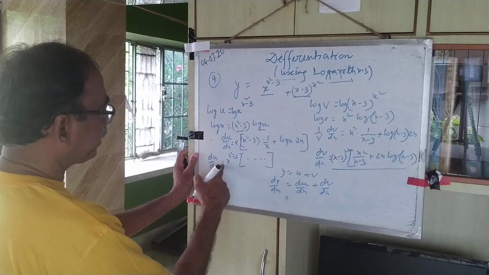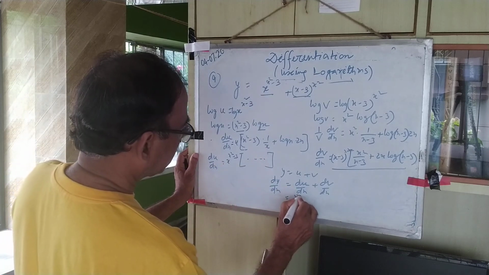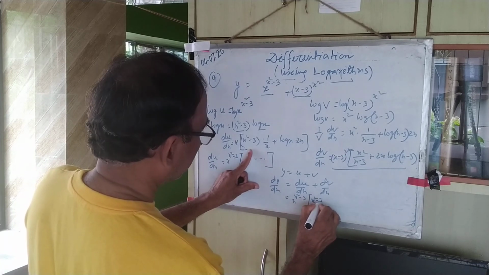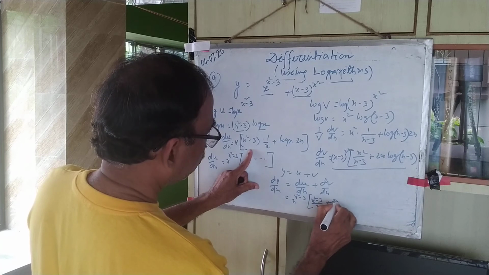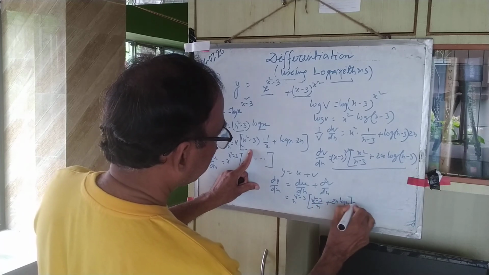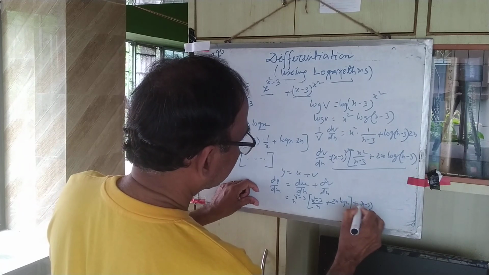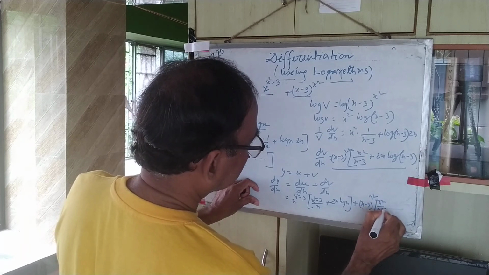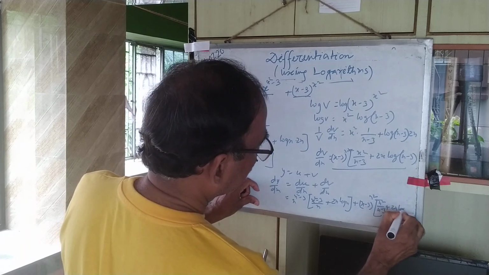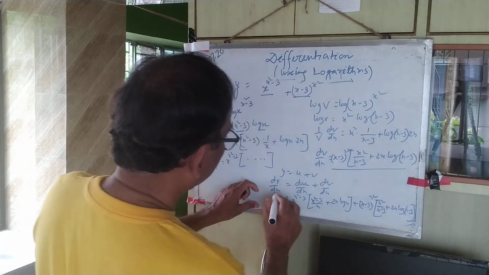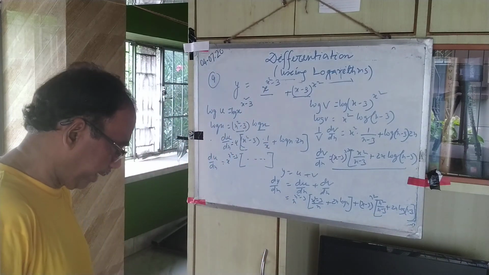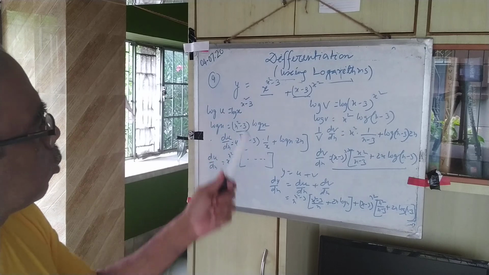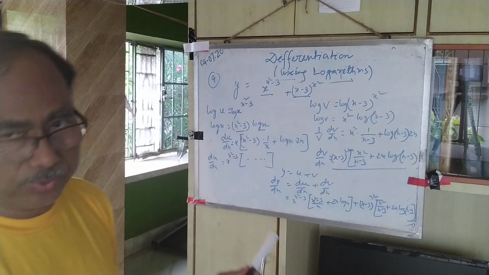Now du by dx is x to the power (x square minus 3) into [(x square minus 3) by x plus 2x log x], plus (x minus 3) whole to the power x square into [x square by (x minus 3) plus 2x log of (x minus 3)]. That is the final answer. Okay, these are the differentiation of functions of the form x to the power x using logarithms.